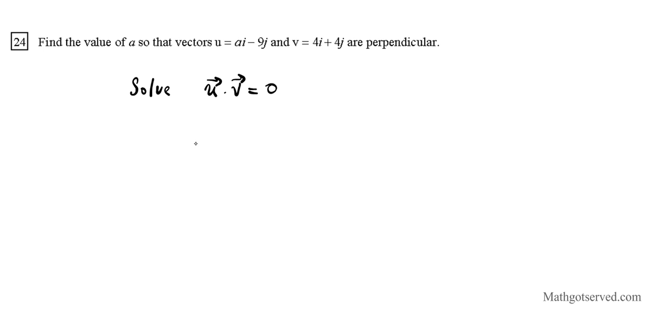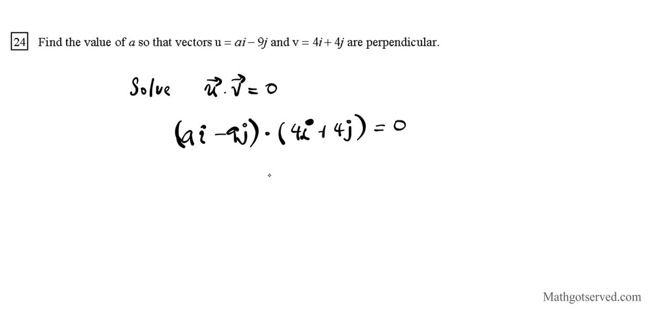So u dot v is ai minus 9j dotted with 4i plus 4j equals 0.